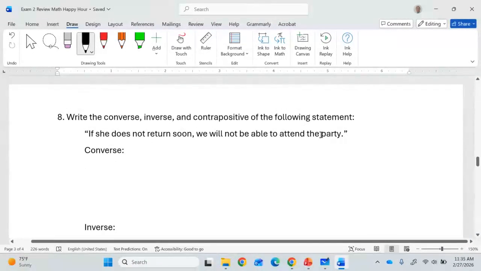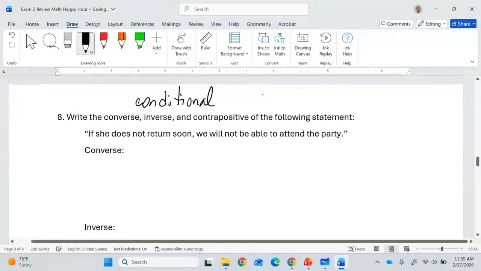Now, number 8. Something that we also talked about was the converse, the inverse, and the contrapositive of statements. In symbols, these are all conditional statements.